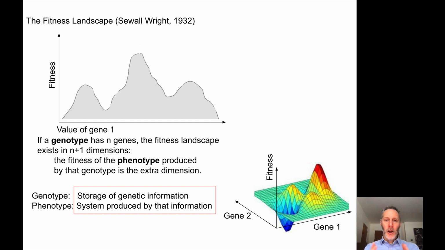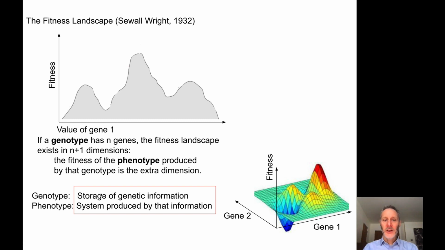Okay, armed with that terminology, here's a summary. Genotype is the storage of the genetic information, and the phenotype is the system produced by that information, generally speaking. For the purposes of this course, the phenotype is the form and shape and the behavior of the robot that results from that genotype.